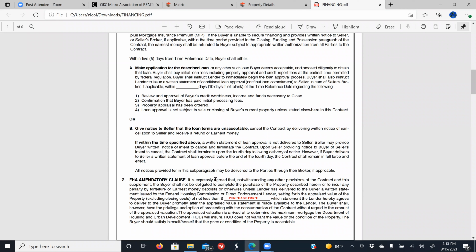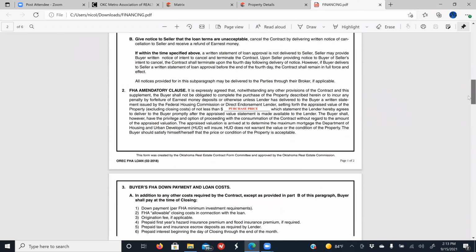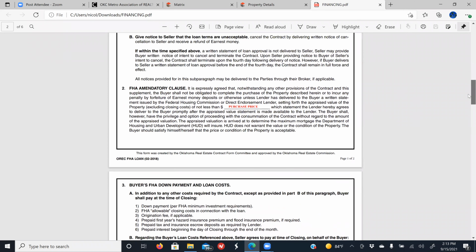As we talked about in the conventional form, it already defaulted that if the house didn't appraise for contract price, the buyer and seller could renegotiate, or the buyer was not obligated to proceed with the purchase.